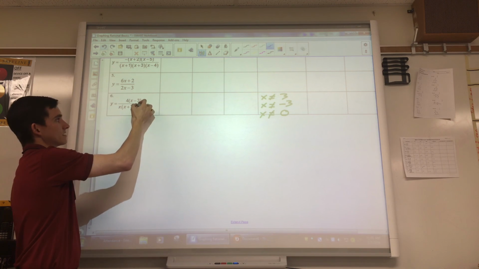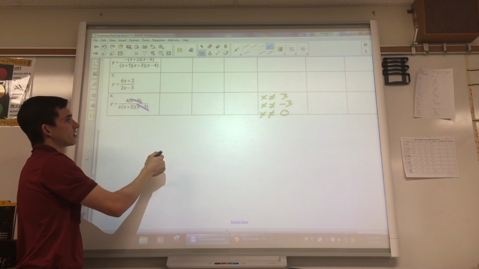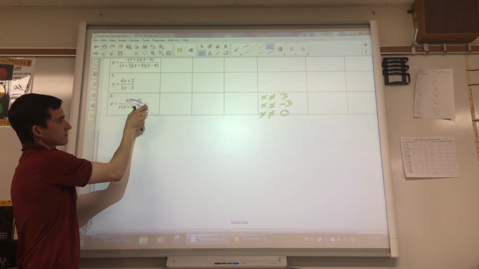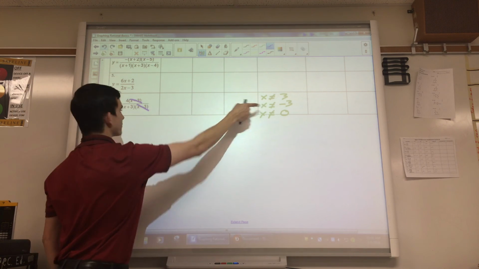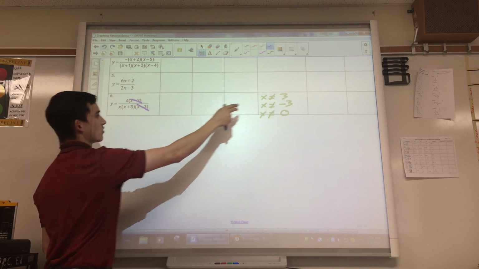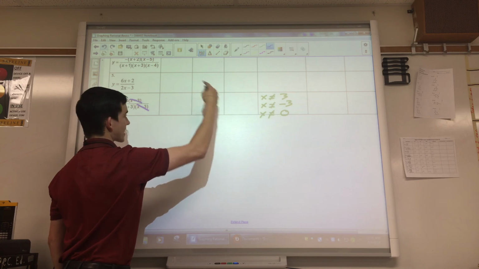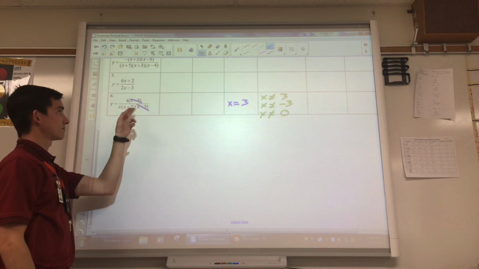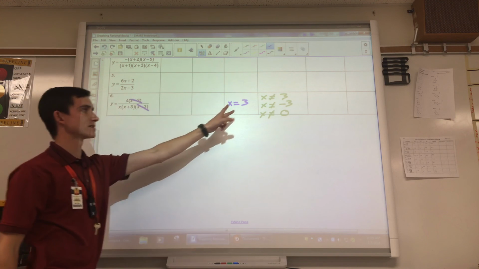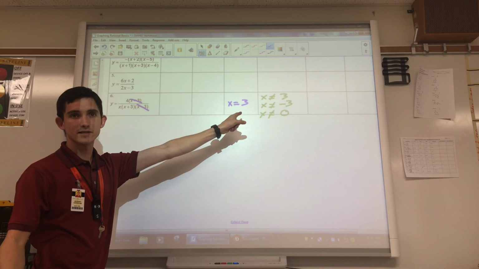Now what cancels? Minus 3 and minus 3. Okay, so that means x, this one was giving me the domain restriction of x couldn't equal 3, because 3 minus 3 would be 0. So when x is 3, you're actually going to get a removable discontinuity, because that's the one that canceled. So when x is 3, removable discontinuity, because it canceled.